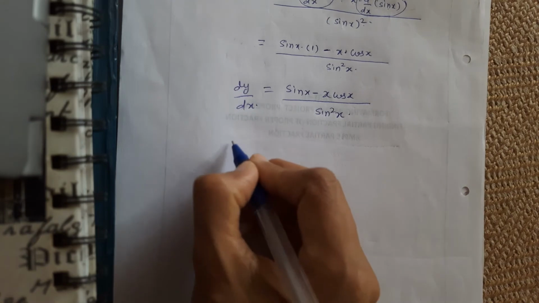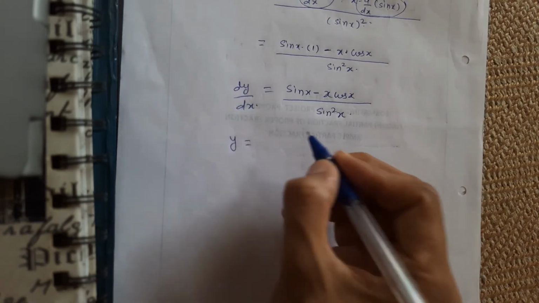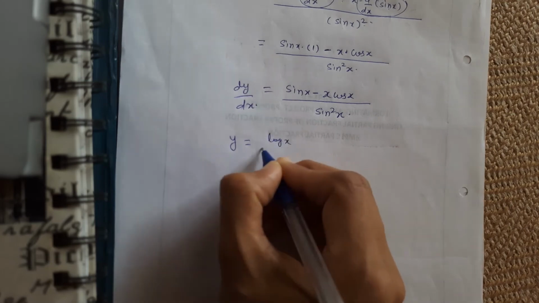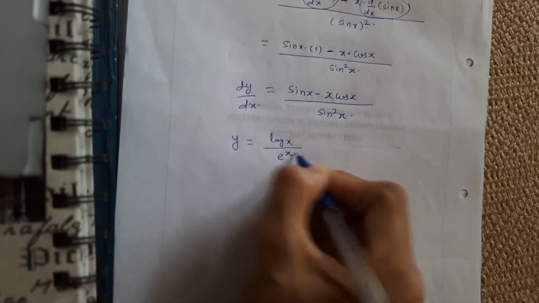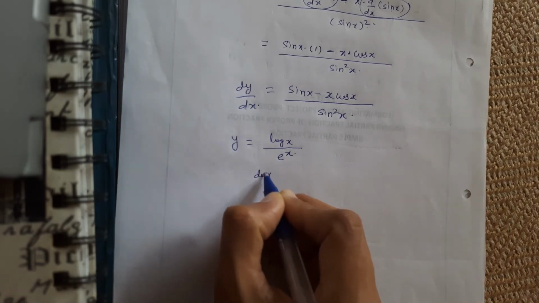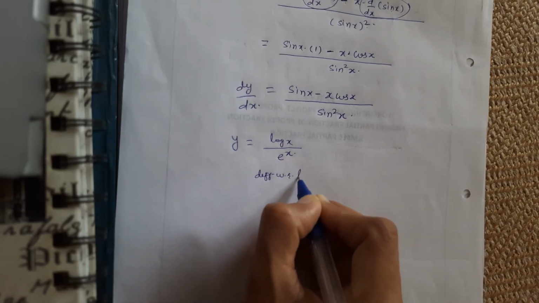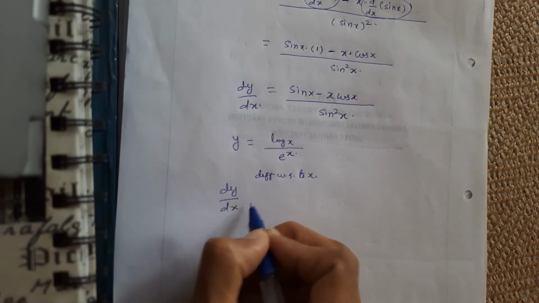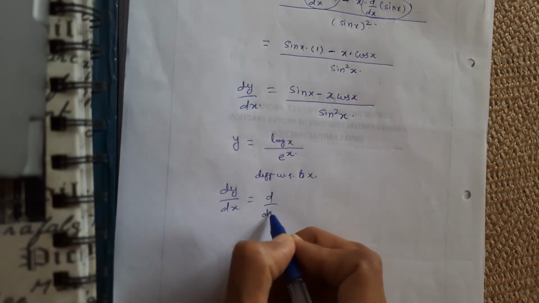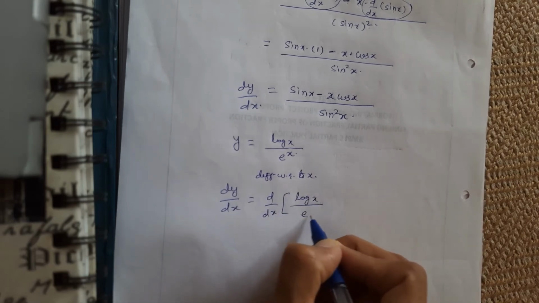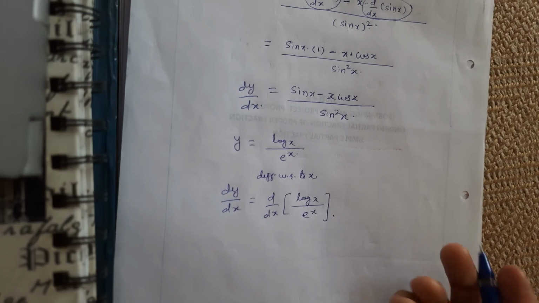Okay, got it? Suppose now I am finding y equal to log x upon e to the power x. Okay, now differentiate with respect to x. So dy by dx equal to d/dx of log x upon e to the power x.